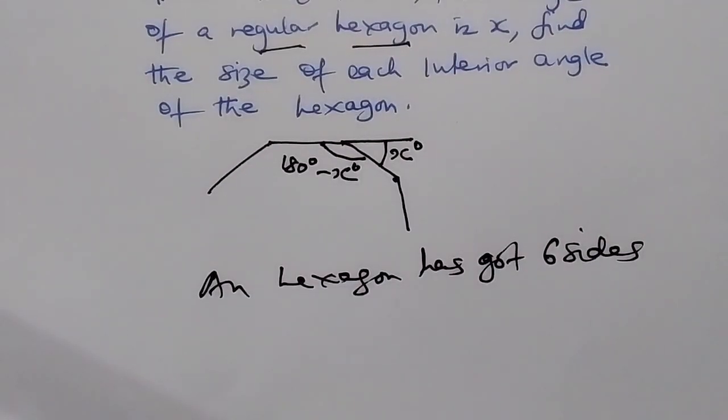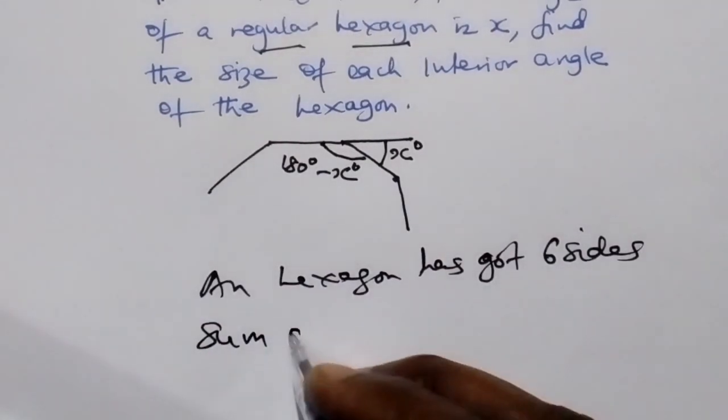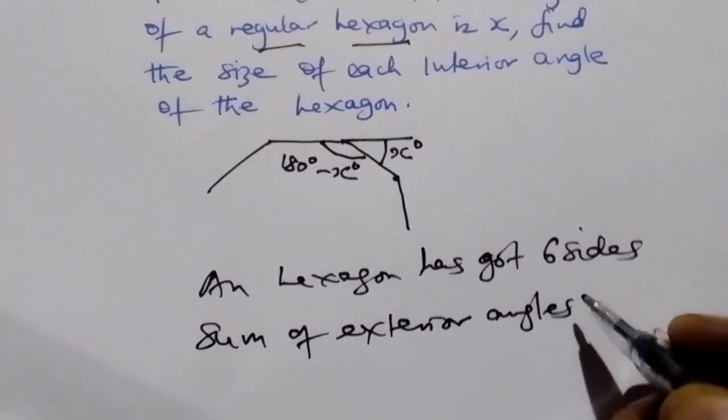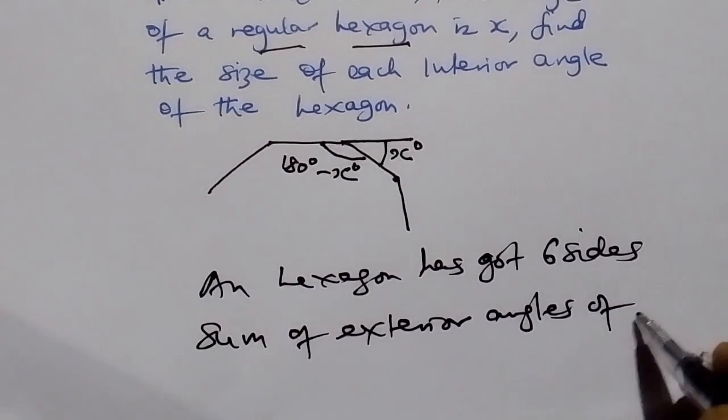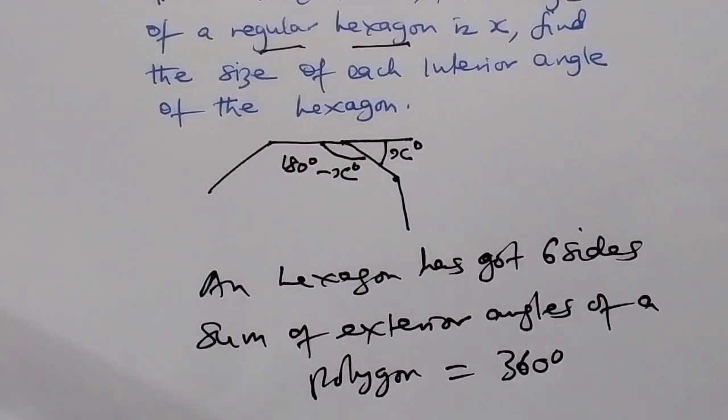So we know that the sum of exterior angles of a polygon is always 360 degrees.